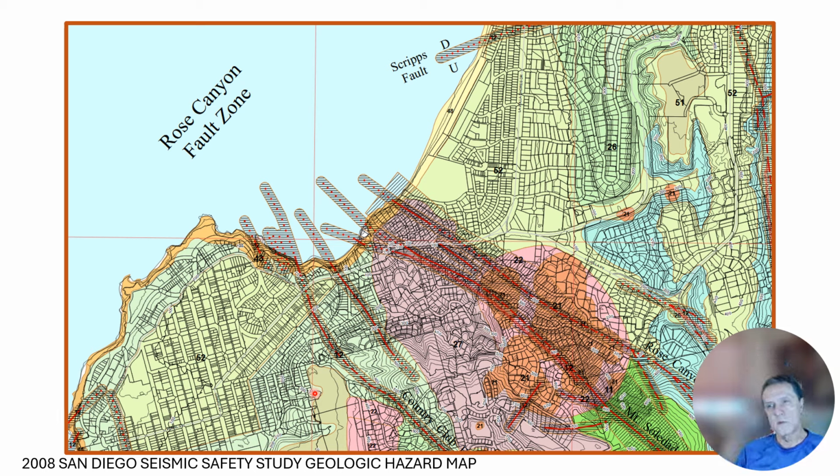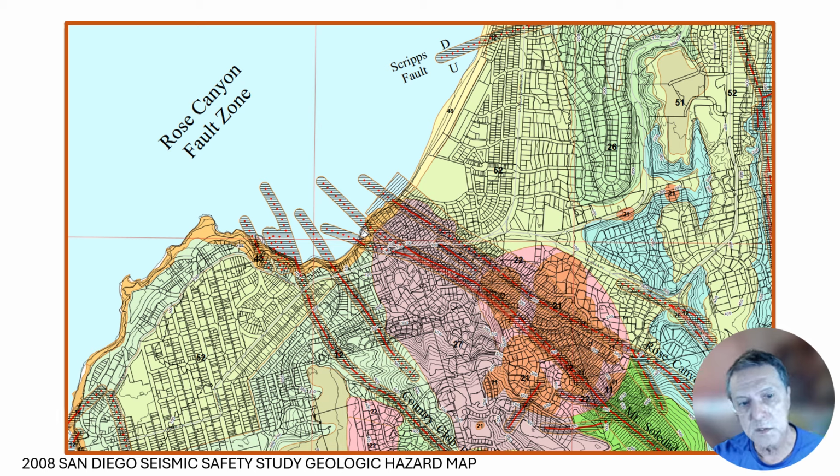So what do we do with some of this information that, as engineering geologists, we derive by studying the location of faults and transmit some of this data to engineers and land planners? Well, this is a section of a land planning map that was developed by the city of San Diego.